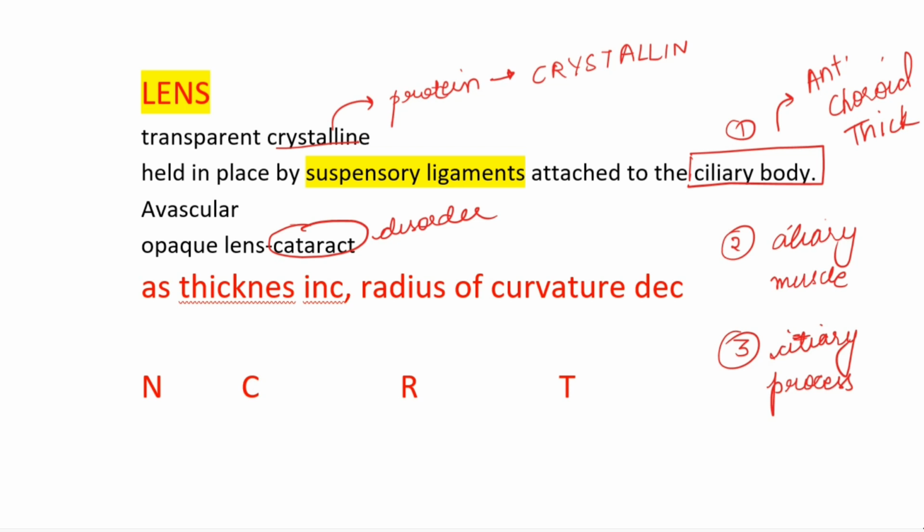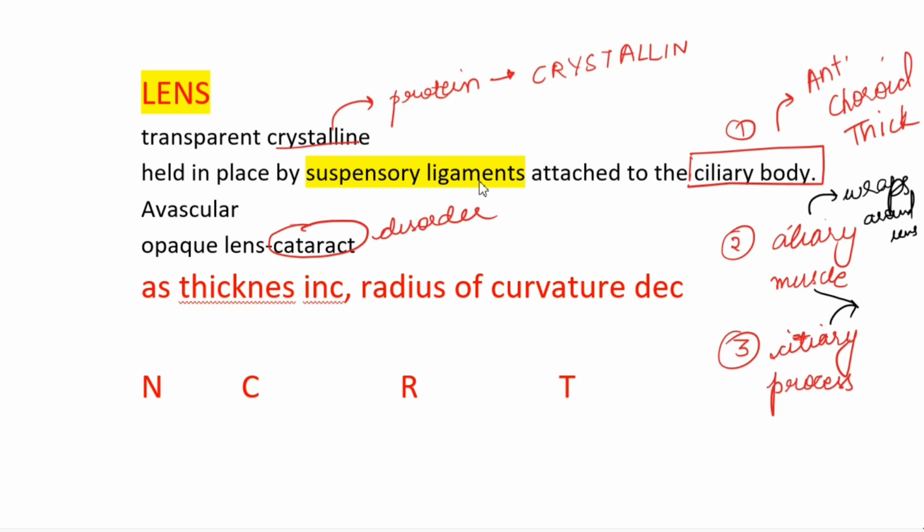thick portion of the choroid in the anterior region, and it is the ciliary body which continues forward to form the iris. And the next one is ciliary muscle, which we saw is wrapping around the lens, which helps in altering the shape of the lens.